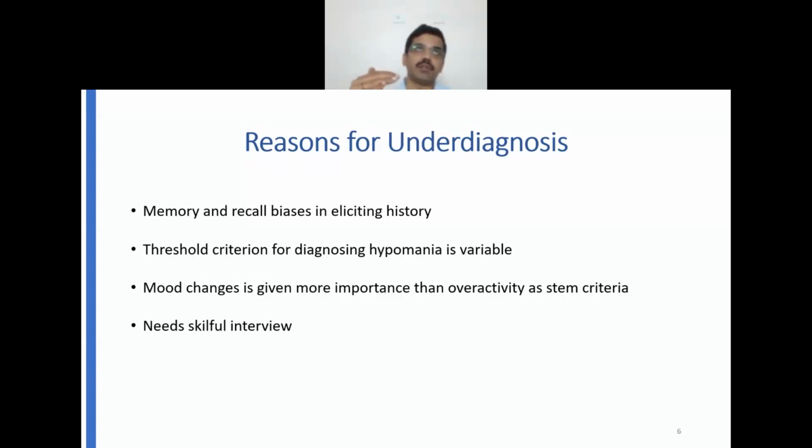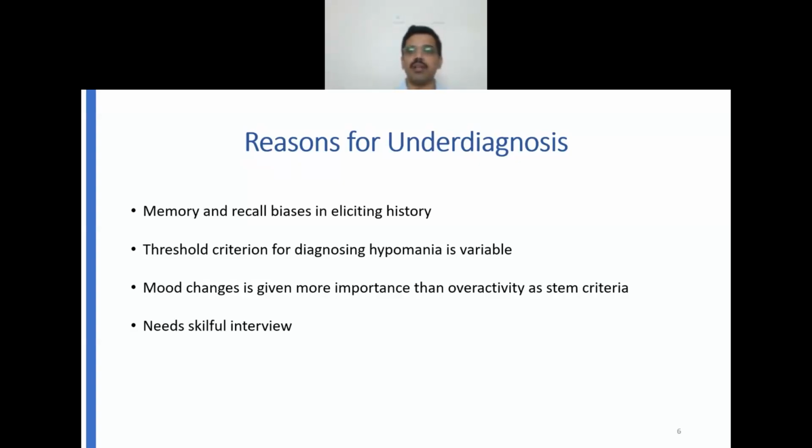Now, dissecting that normalcy from hypomania becomes a really challenging task because the threshold criteria for hypomania are also variable. For ICD and DSM, we have some fixed criteria, but if we go to other researchers, the duration criteria and the symptom criteria for hypomania are variable.